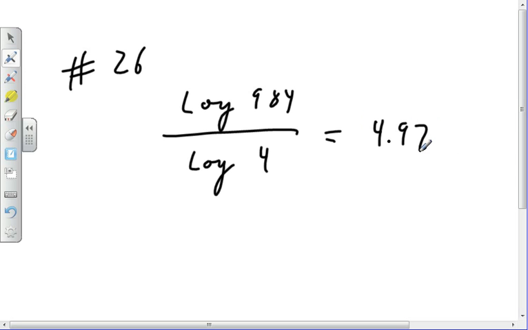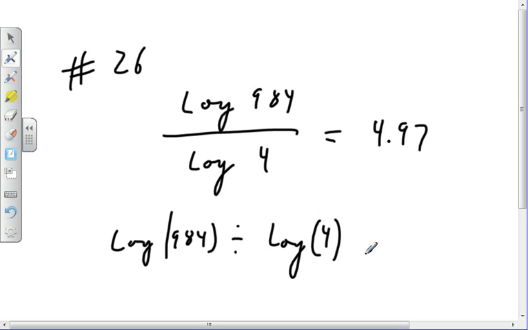Okay, so another calculator problem. I just have to put in my calculator, right? So I put in log 984 divided by log 4. Enter. Okay, good enough?